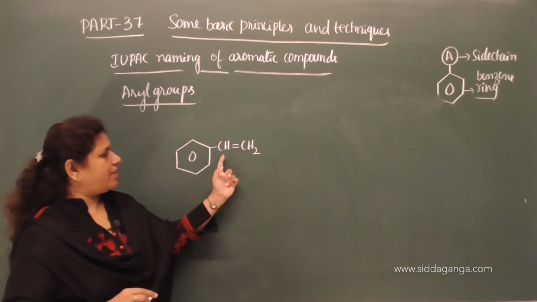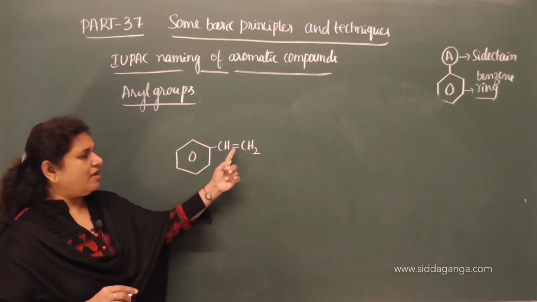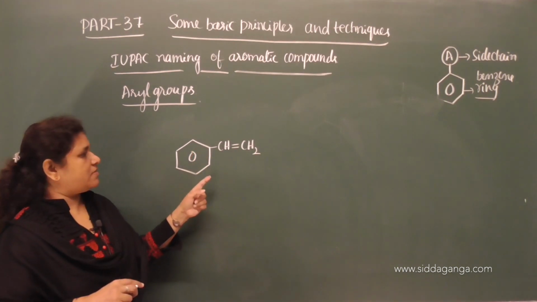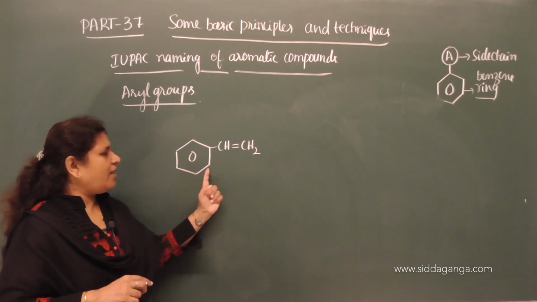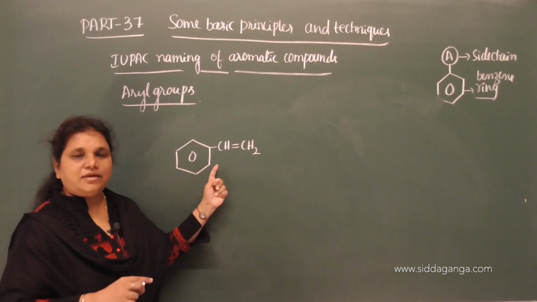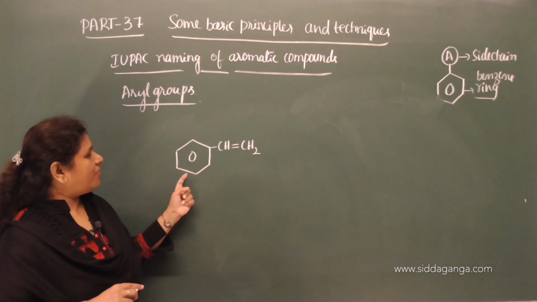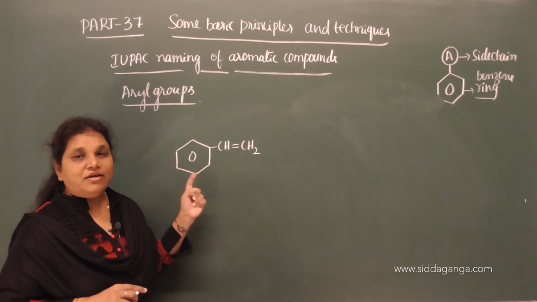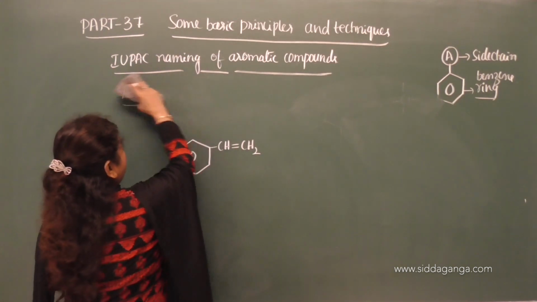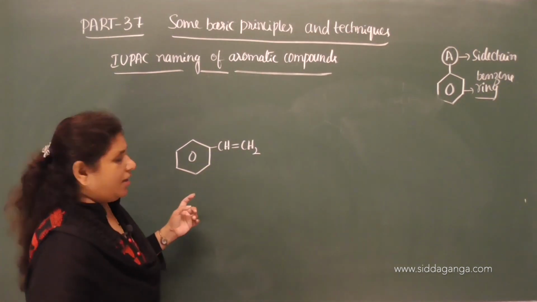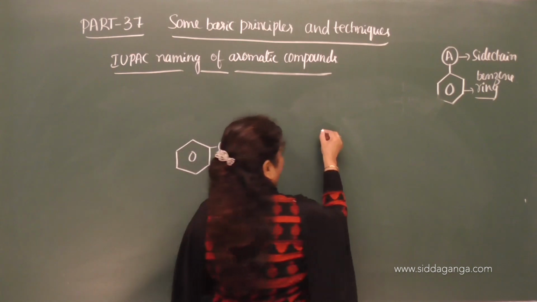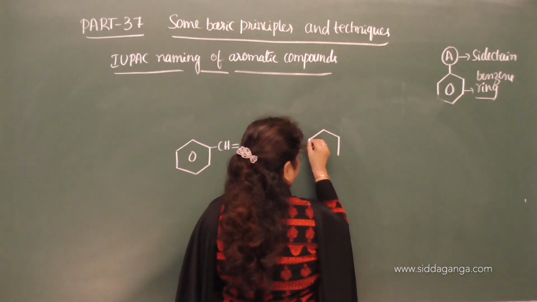The side chain is CH double bond CH2, which contains a multiple bond. In this compound, in the IUPAC system, this ring acts as a substituent now. What is the name of this ring? It is nothing but an aryl group, and the name of this aryl group is phenyl group, correct? So you can name it by taking this as a phenyl group. And one more example I want to give.